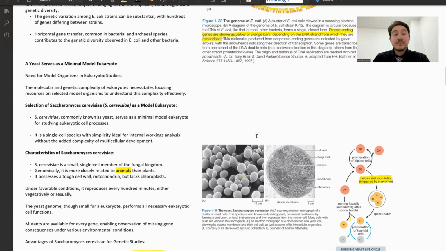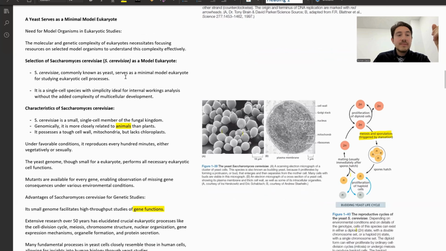Again, as a model organism, we go to the next organism, which is yeast. Okay, it serves as a minimal model eukaryote. So now we're jumping from prokaryotes into eukaryotic organisms. And so, yes, there have been many discoveries using bacteria, but scientists want to continue discovering with cells that are more closely related to us or have the same build as us, as in the case of eukaryotes, right?